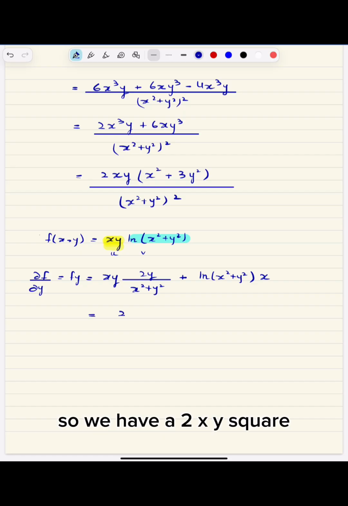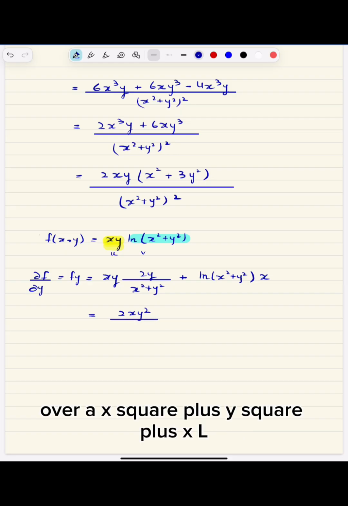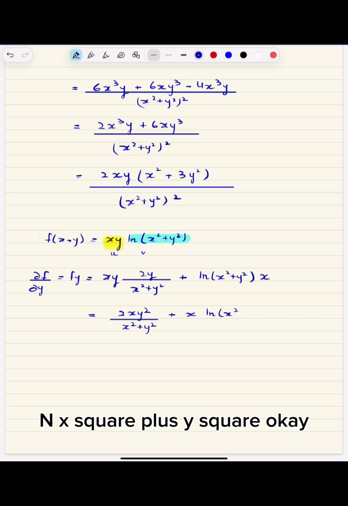So we have 2xy² over x² + y² plus x ln(x² + y²).